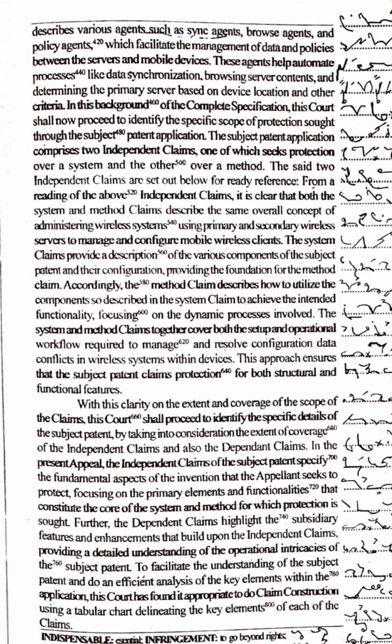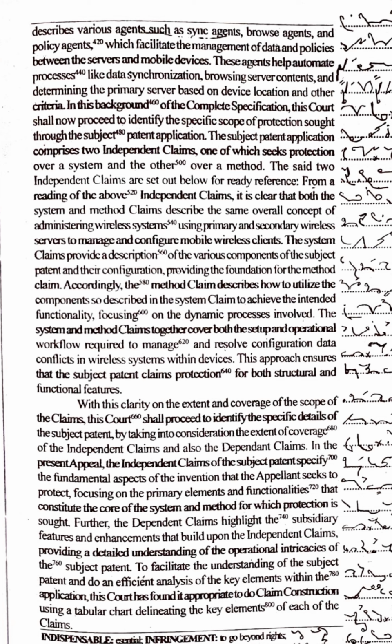The system claims provide a description of the various components of the subject patent and their configuration, providing the foundation for the method claim. Accordingly, the method claim describes how to utilize the components so described in the system claim to achieve the intended functionality, focusing on the dynamic processes involved.